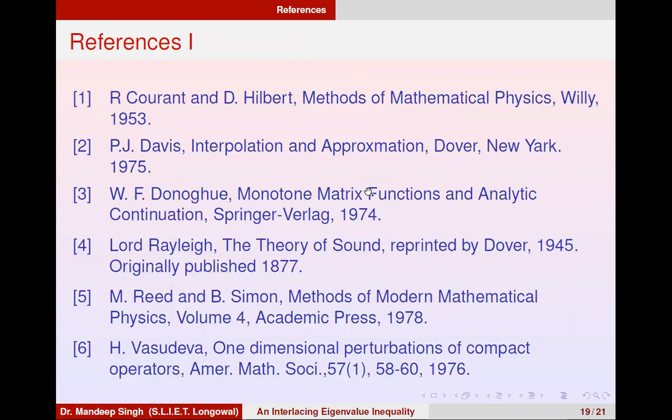Other ways to look at the submatrices, you can also look at a book which is by Rajendra Bhatia, Matrix Analysis. There you can see such problems. And you can find out, but those are not that easy.